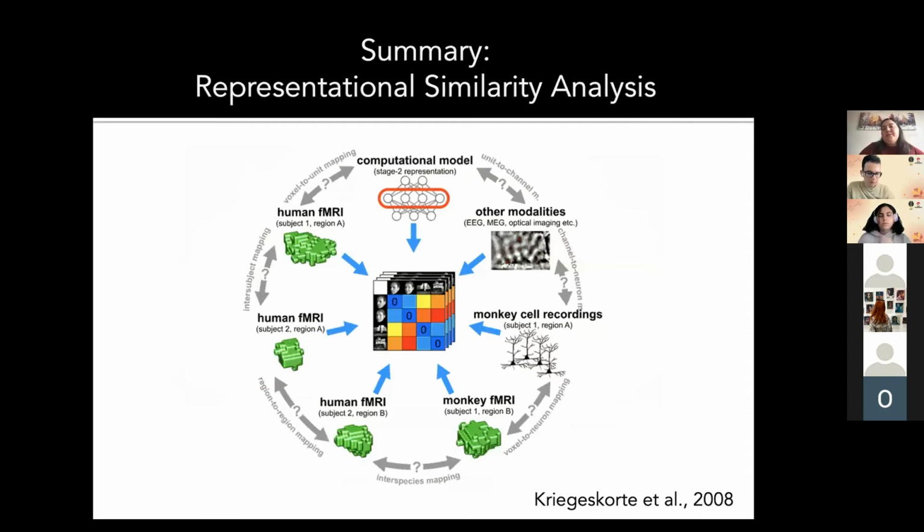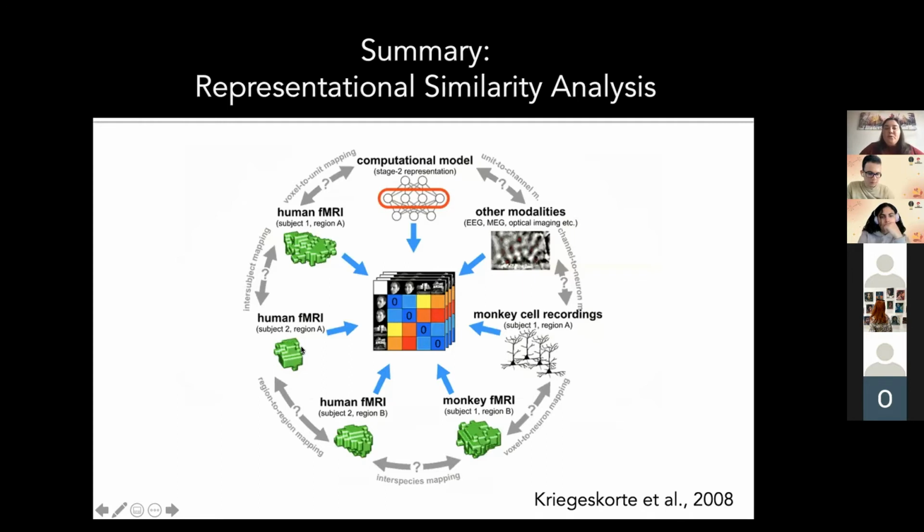And then this is just an overview of what other things you can do. So for example, with human fMRI, let's say that you have a specific region, let's say your auditory cortex, and you can compare it between subject 1 and subject 2. So you can compare individuals.